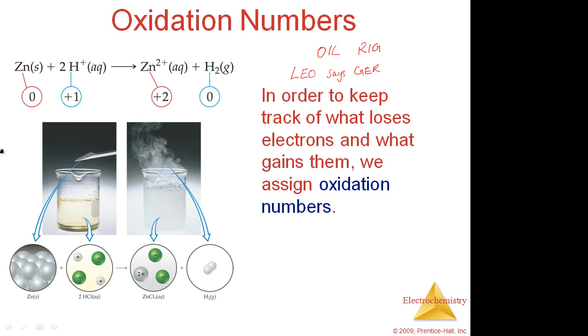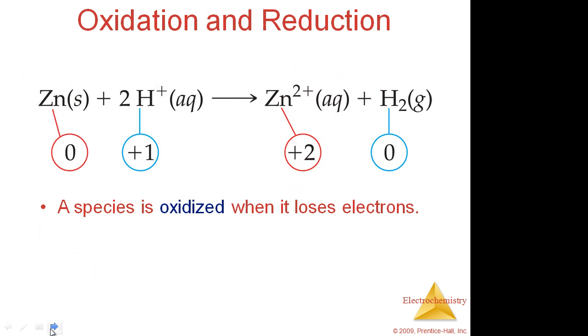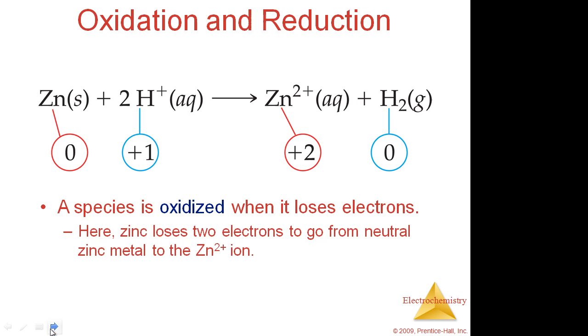So I think I have a couple of slides which will remind us of the rules for assigning oxidation numbers. Let's look at that. Okay, right here. Before the rules, some more recalling of the old stuff.